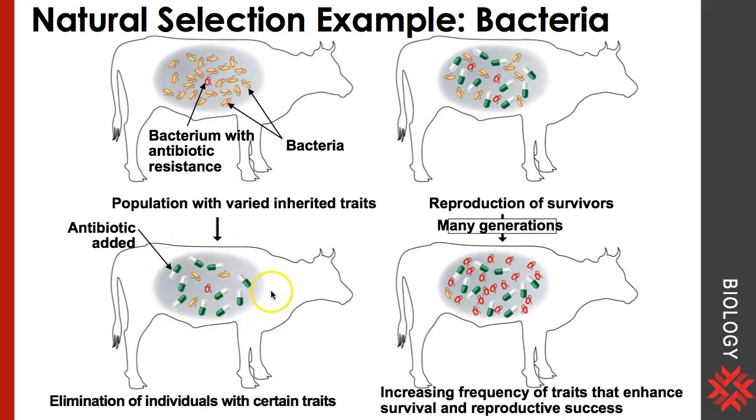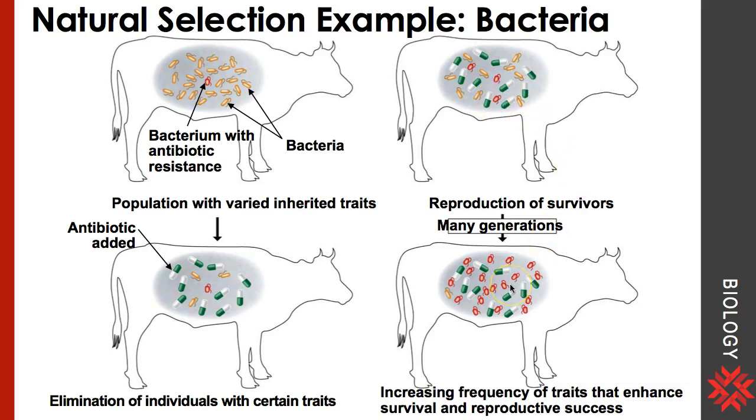So in this diagram, you can see the cattle are fed the antibiotics, and the antibiotics kill off the majority of the bacteria, but this red one is resistant to it. It's not going to die off. Then in the next generation, you're going to have more of those red bacteria because they didn't die.